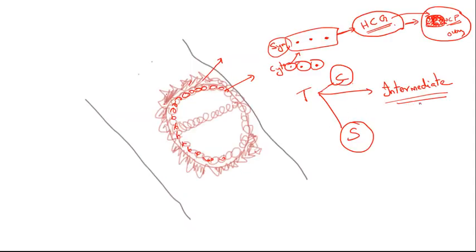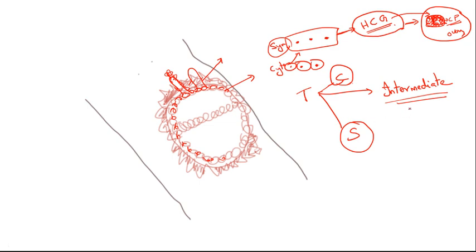Intermediate trophoblasts are further divided into villous trophoblast, because here soon we'll have villi formation. The ones that line the villi are cytotrophoblast, but the anchoring ones have some kind of intermediate trophoblast, that is villous intermediate trophoblast.